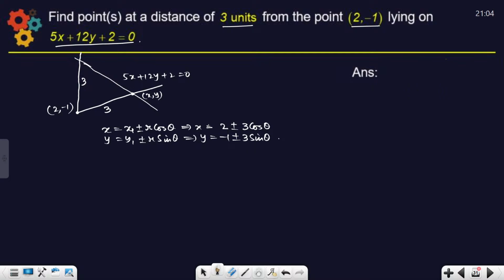Is this clear? Now this point lies on this line. Hence it must satisfy this equation. So I am putting it in this equation. So 5 times (2 plus minus 3 cos theta) plus 12 times (minus 1 plus minus 3 sin theta) plus 2 equals 0.